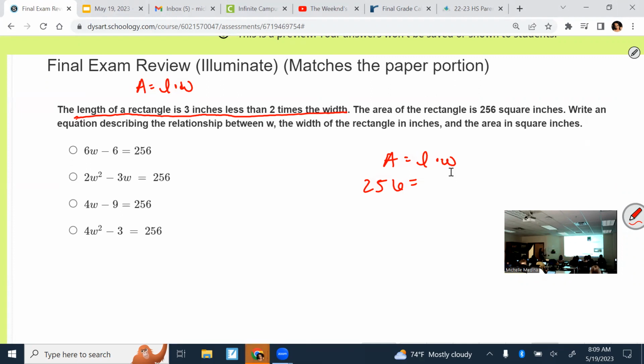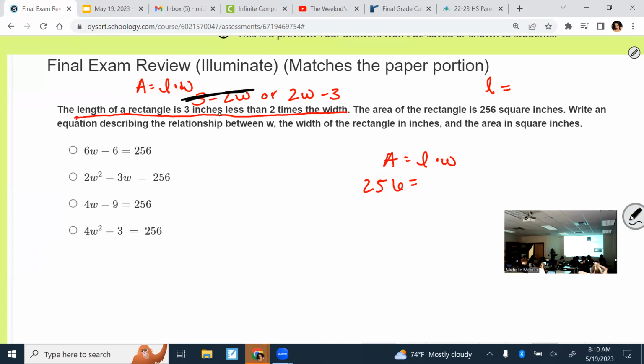So then we have to write an expression for the length. So it says the length is, so length equals 3 inches less than. What does less than tell us to do? And is it going to be 3 minus 2 times the width or 2W minus 3?